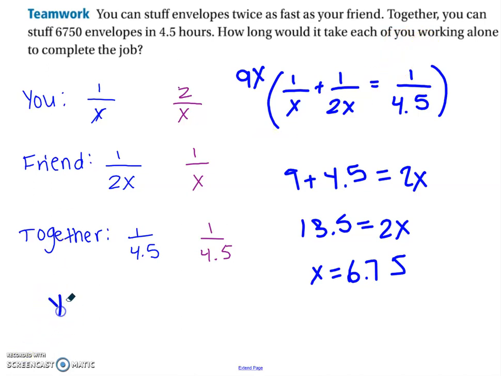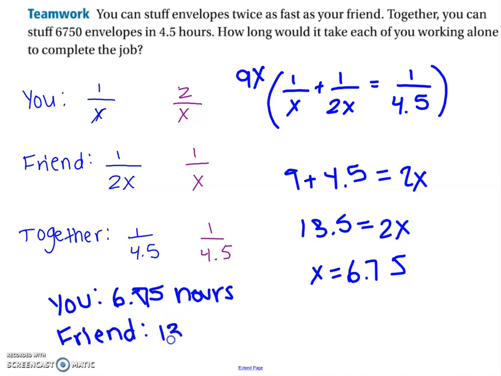So for you, since you do it in x, because we're looking at the blue, you take 6.75 hours. And then your friend, because your friend takes twice as long as you, 2 times 6.75 would be 13.5 hours for your friend.